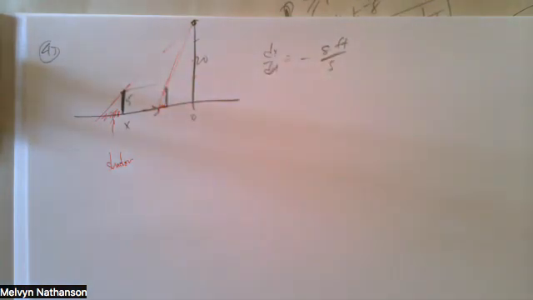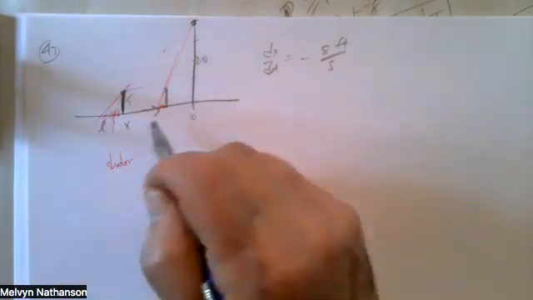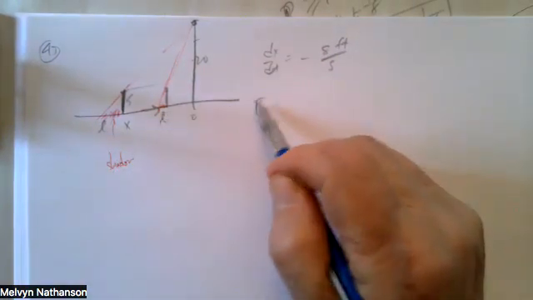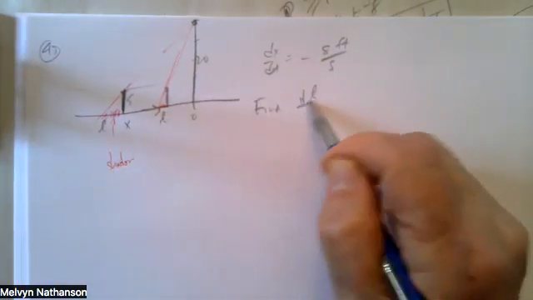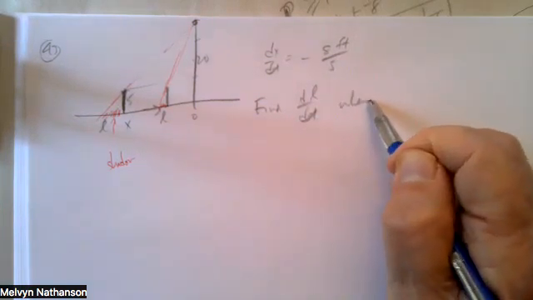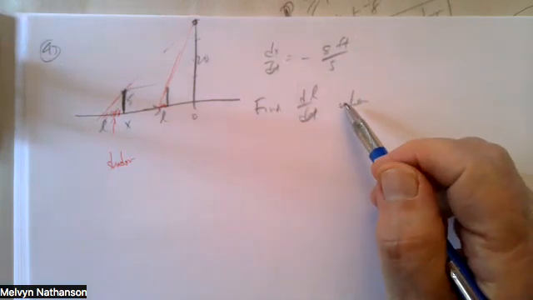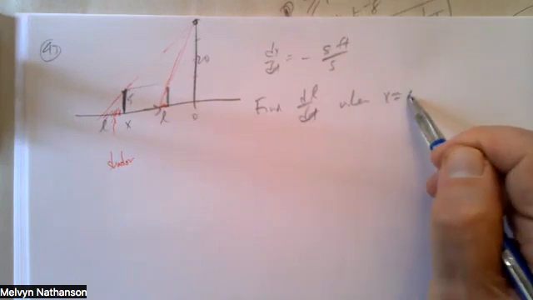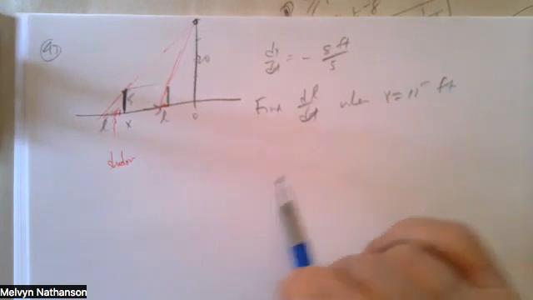Her shadow is smaller. So as she gets closer and closer to the street lamp, her shadow is decreasing. That's called the length of the shadow, L. We want to find dL/dt when the woman is 15 feet from the wall. Okay.